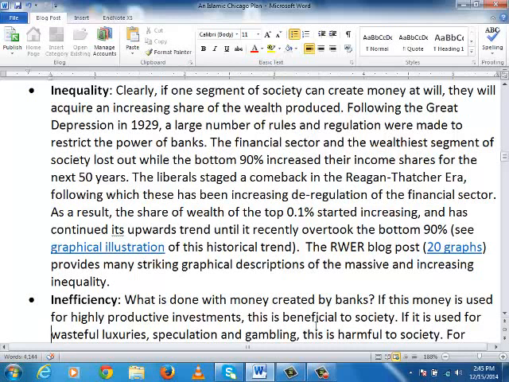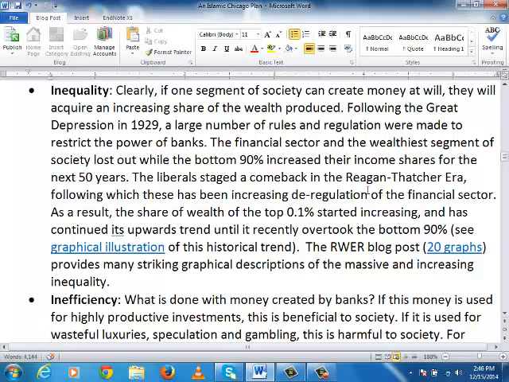I wonder if I have it in my article, but it shows that after 1929 there was a lot of regulation of the banking sector, and so the share of the top 1% started declining. For about 50 years it declined. It reached a bottom in around the middle of the 1970s, 75 or so.